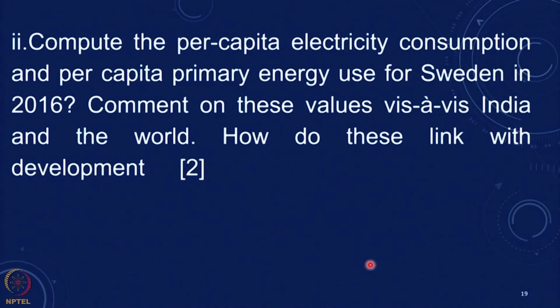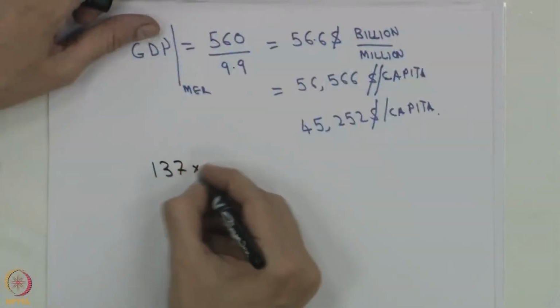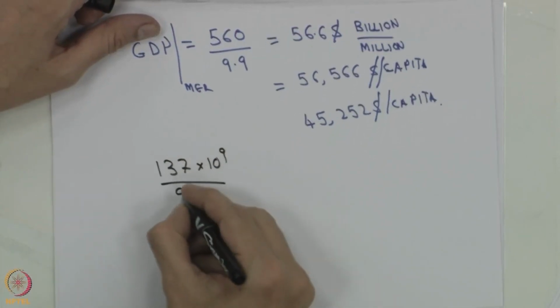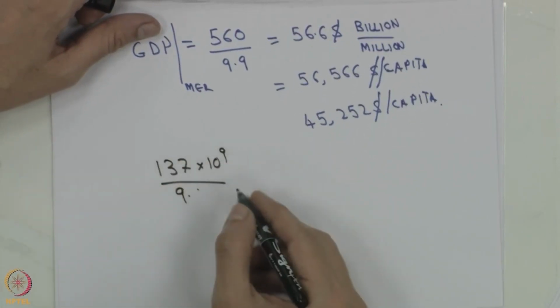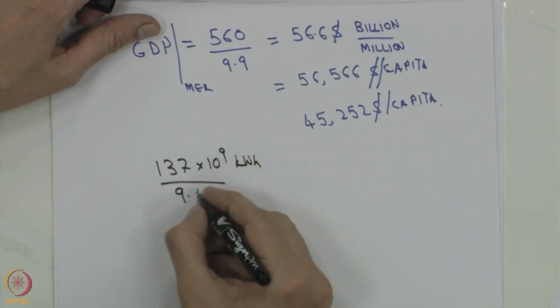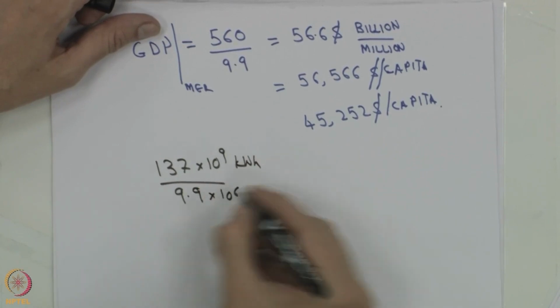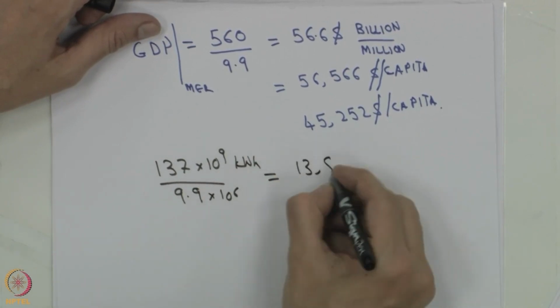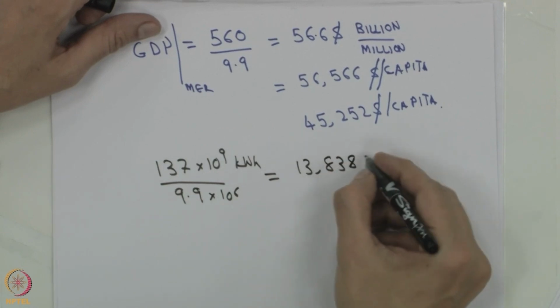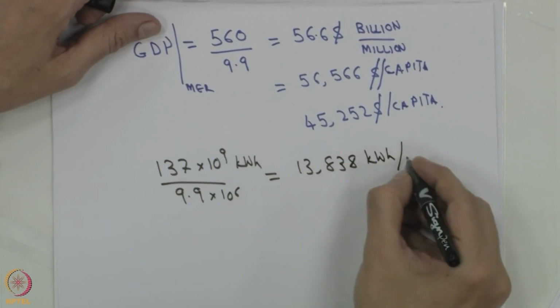The next part of the question is to compute the per capita electricity consumption and per capita primary energy use for Sweden in 2016. This is simple, just divide these numbers. Take the total electricity use in kilowatt hours divided by the population, and you get 13,838 kilowatt hours per capita.